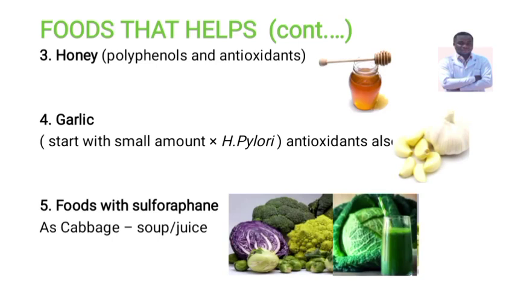These glucosinolates or sulforaphane, this kind of sulfur, are found in cabbage juice. Therefore, we can utilize cabbage juice for the aim of getting that sulfur compound, which helps to destroy the Helicobacter pylori.